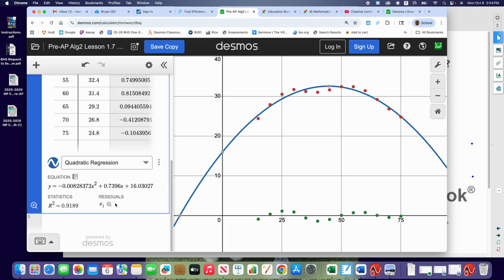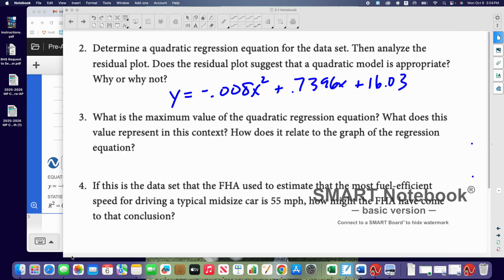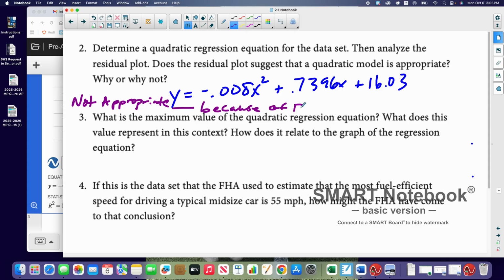And so because of that pattern, I would probably say not appropriate, okay? Probably say it's not appropriate because of the wave pattern that I see.